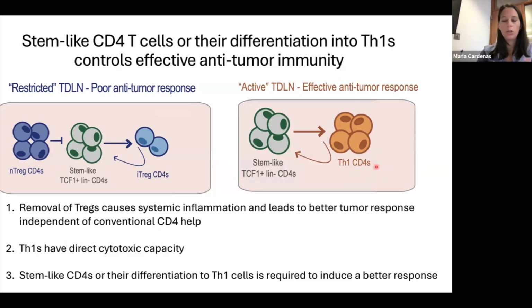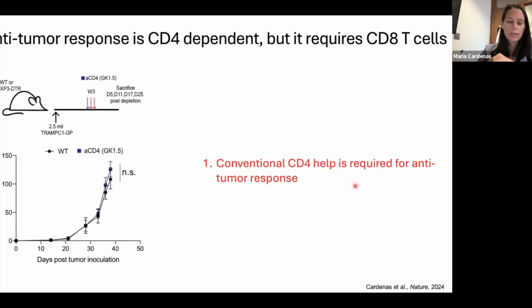And so now we're getting a huge population of cytotoxic CD4s. Maybe they directly are going to kill the cancer. Or number three is that the differentiation of stem to Th1 is required to induce a better response through a tertiary mechanism. And so we can test these hypotheses pretty simply.